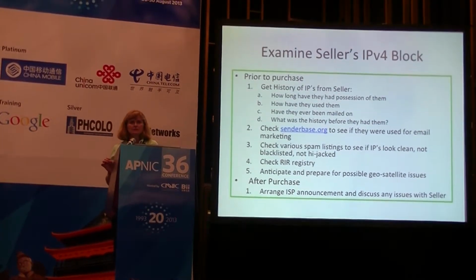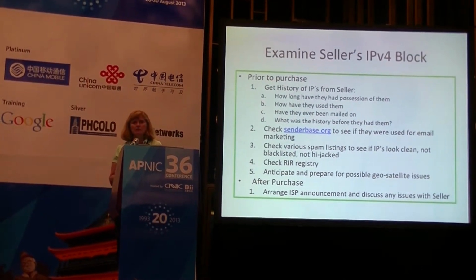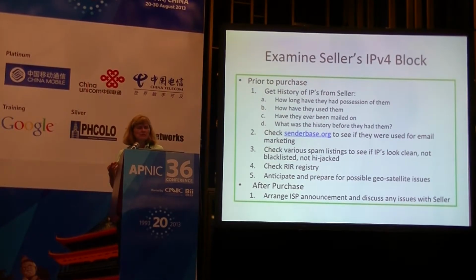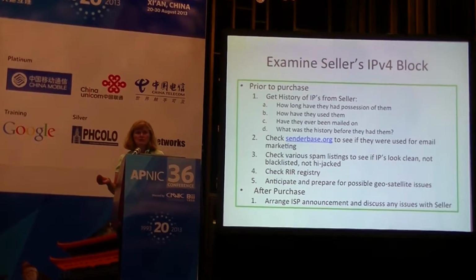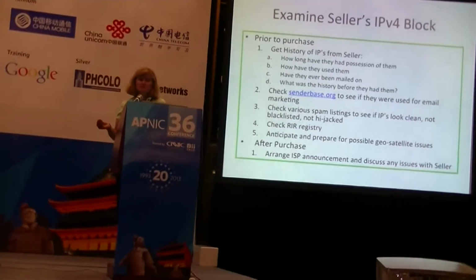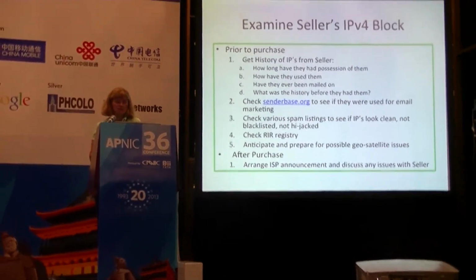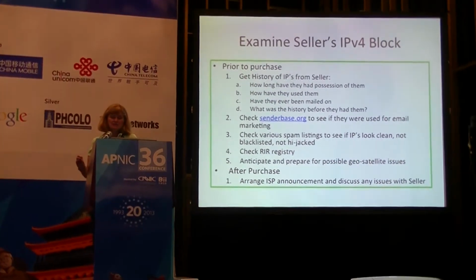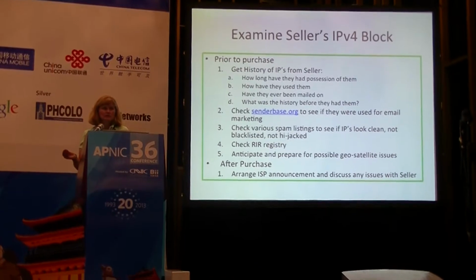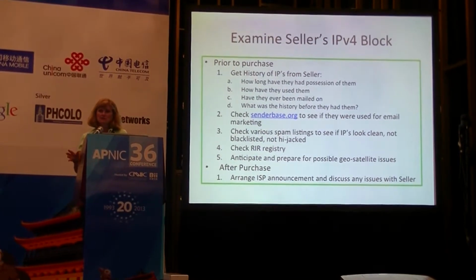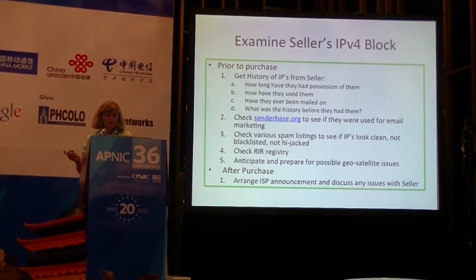We've run into blocks from ARIN that have been hijacked even though they haven't been used. So you want to look at other things besides what the seller's done with them. You should check whether they've been emailed on, because if they've been hijacked, you'll see that they've been emailed on, and they could have been blacklisted recently. There are websites you can look at to see if they've been used, such as senderbase.org. You can take a look at things like that to see if they've been emailed on.